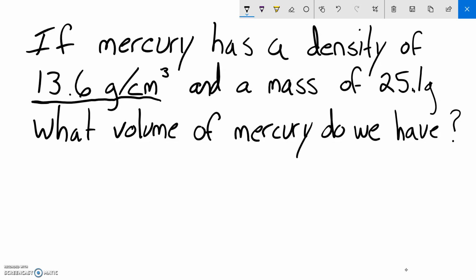Then it says, and a mass of 25.1 grams. Aha, look, we got another number that's been provided to us. So I'm just going to underline that, and that's our mass component, right? And so I've been given, according to what we've read already, density and mass. And the last part of this says, what volume of mercury do we have? And so when I look at that, the thing I'm going to circle here is the volume.